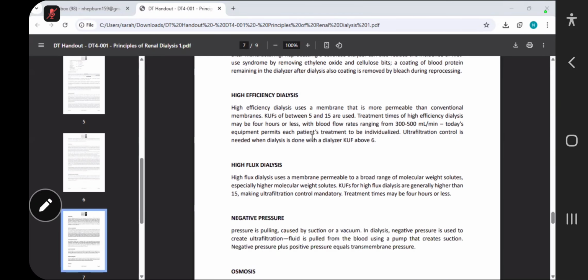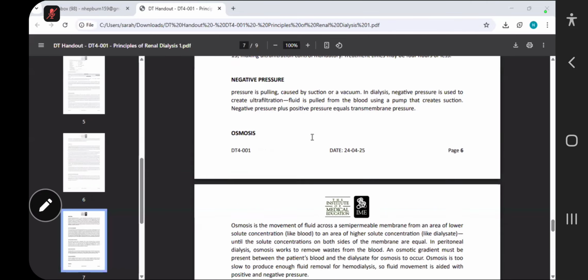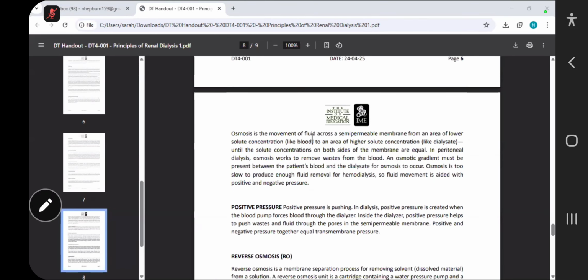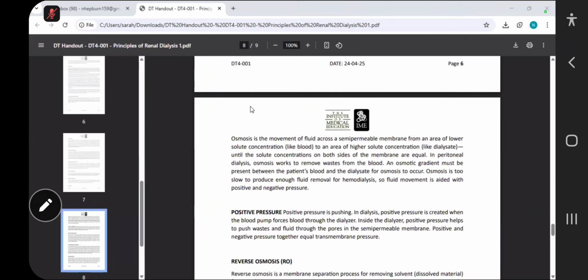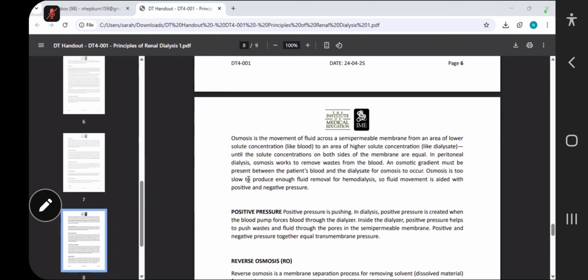So we went through high efficiency, the difference between high efficiency and high flux dialysis, right? So let us go through osmosis. What is osmosis? Osmosis is the movement of fluid across a semi-permeable membrane from an area of lower concentration to an area of higher concentration.